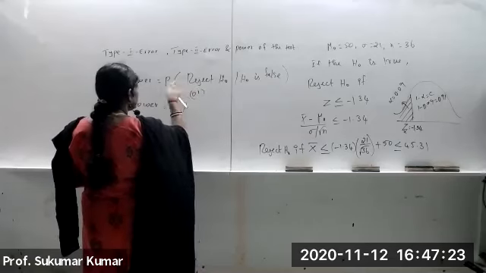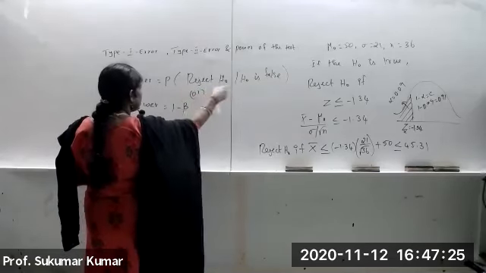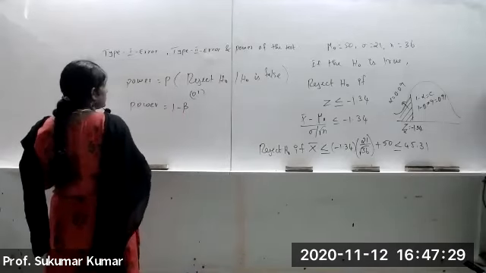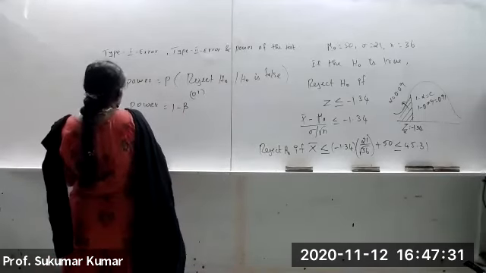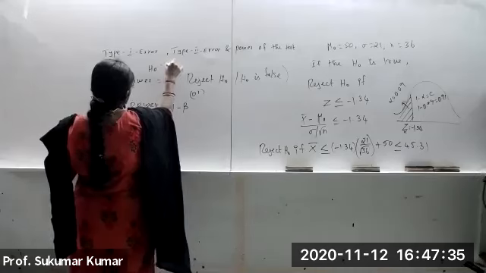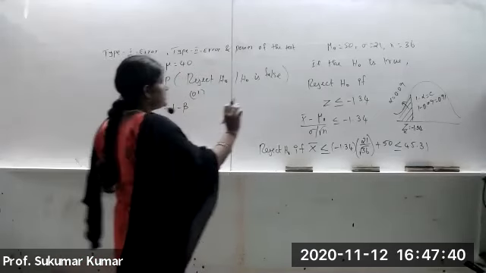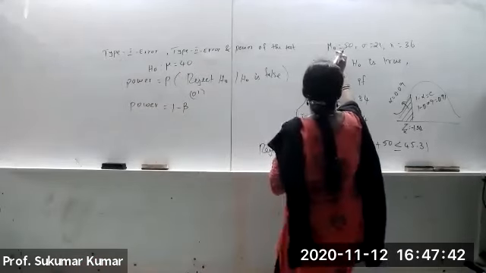So if you don't know, you directly apply this formula, that is probability of rejecting h naught when h naught is false. Here your h naught is true with mu equal to 50.